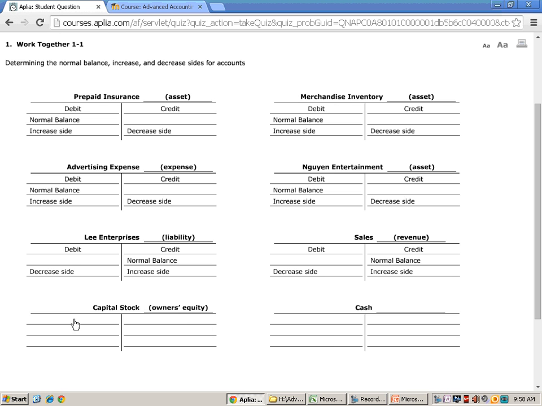All right, so capital stock is going to be our owner's equity. Because we have shareholders, we are a corporation. All right, so we sell stock, and that's how we get ownership in the company. So debit, credit, never going to change. So capital stock, your debit side is going to be your decrease. Your normal balance will be your credit, and your increase side.